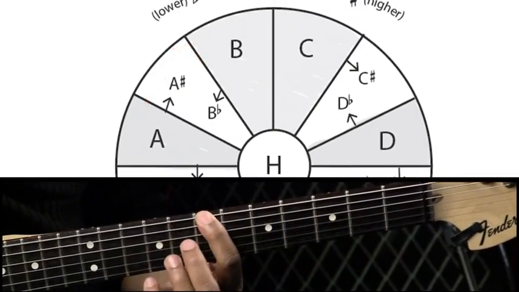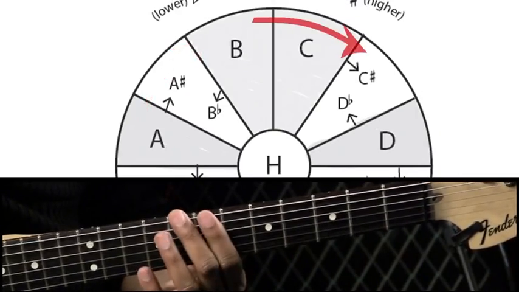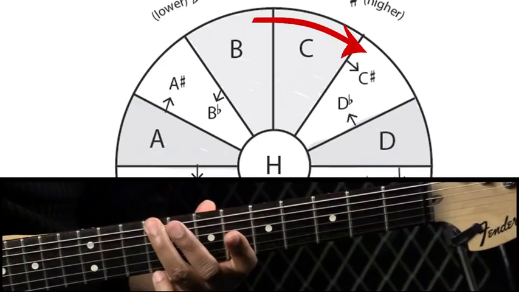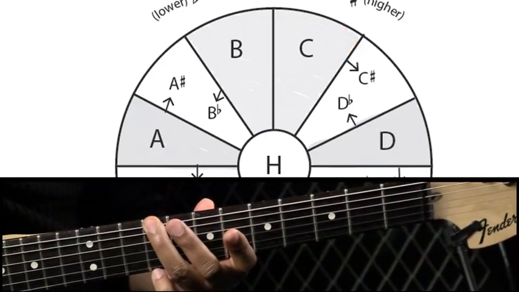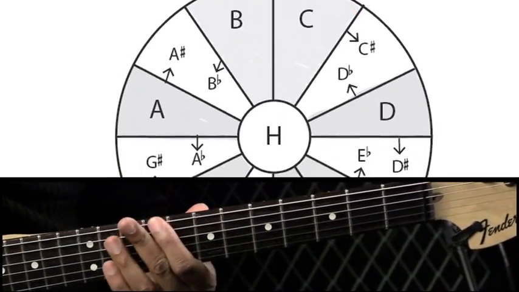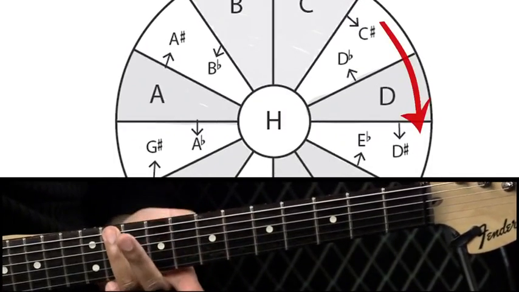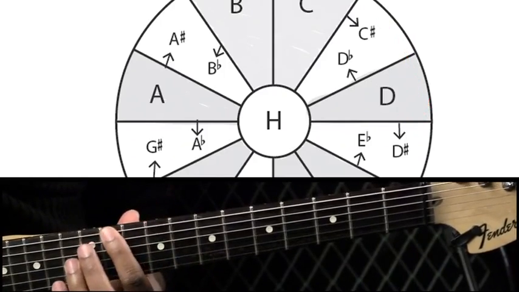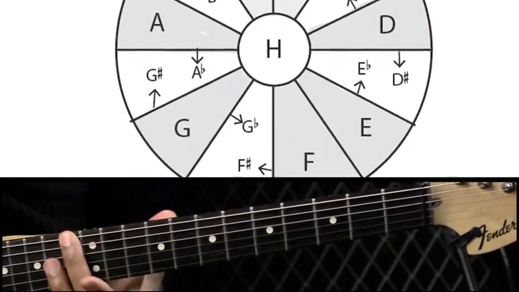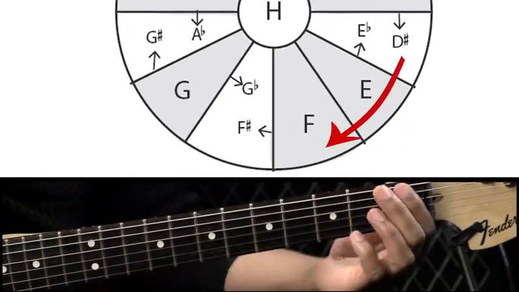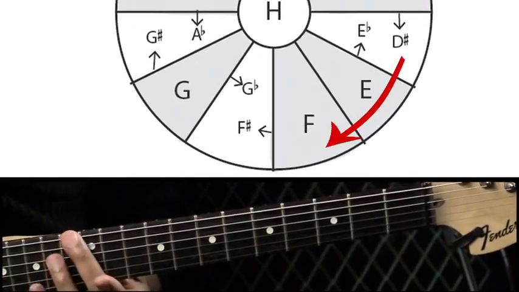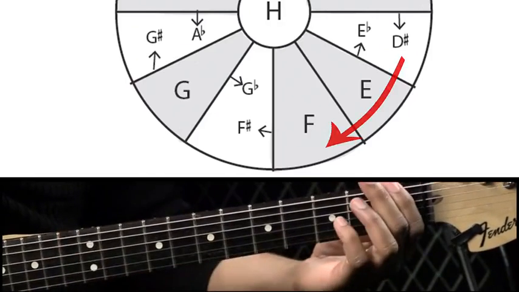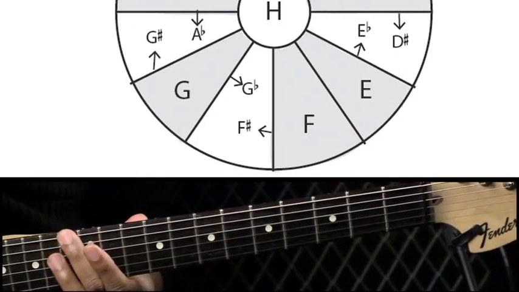A whole step above that note, we're going to jump over our C, and we're going to wind up on C sharp. Another whole step above that note, we're going to jump over D, we wind up on D sharp. One more whole step, and we're back an octave higher than the F that we started on.